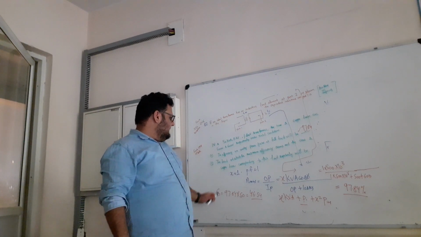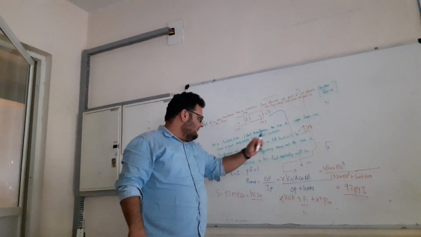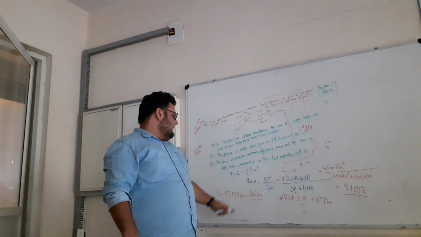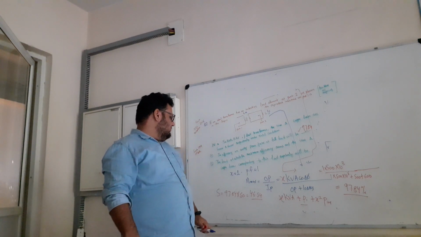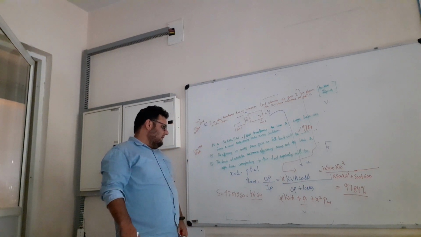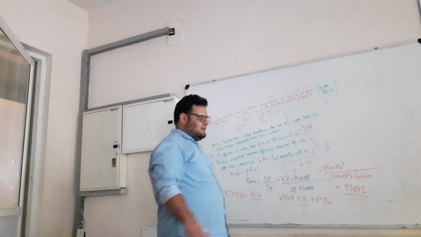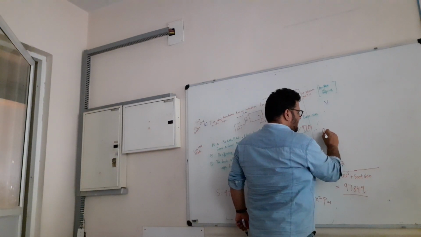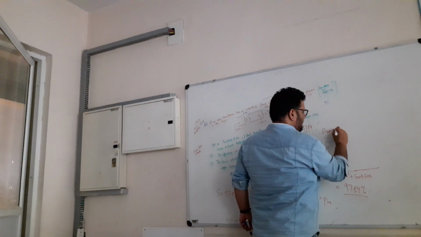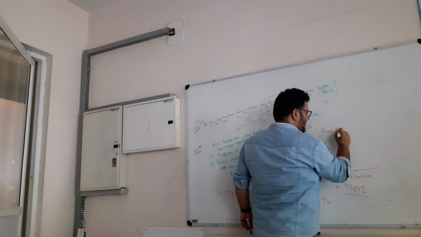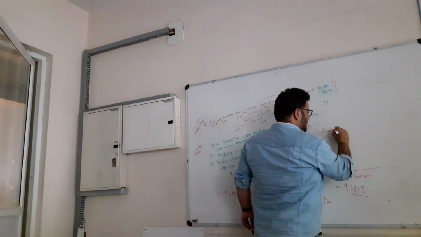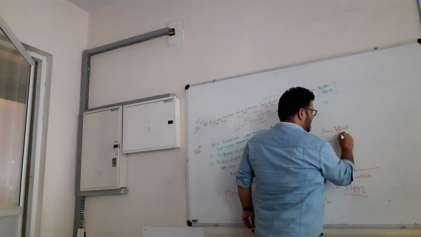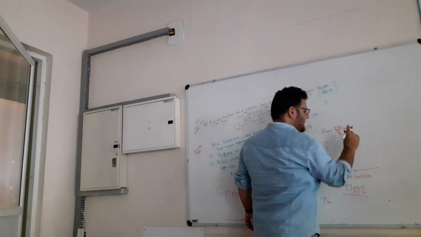Now the other question is the load at which the maximum efficiency occurs, and the iron and the copper losses at this load respectively. So here maximum efficiency occurs when P iron is equal to X square P copper, where P copper is the full load copper loss, not at any load.